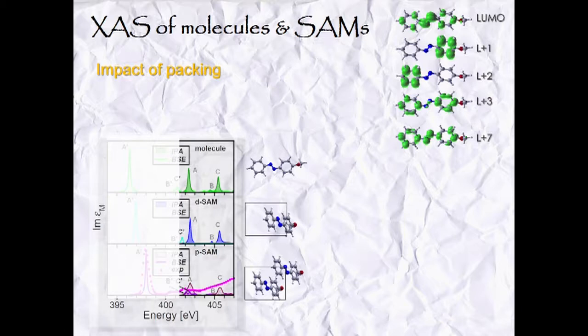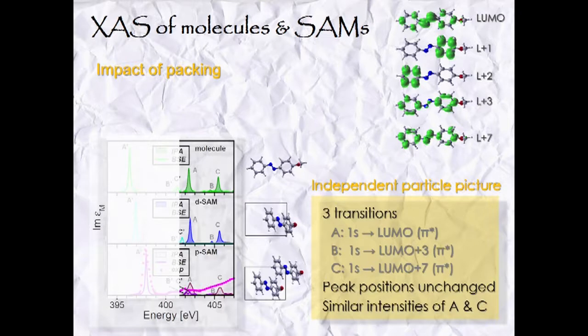First of all, remember that we are exciting the nitrogen 1s levels. Nitrogen are this bridge here, and that's quite clear since we have very high electron density here, that we have strong overlap between the core states and the density at this point. And that means that this transition A, the strongest one here, is formed by the 1s state going to the LUMO. This is this very sharp peak here.